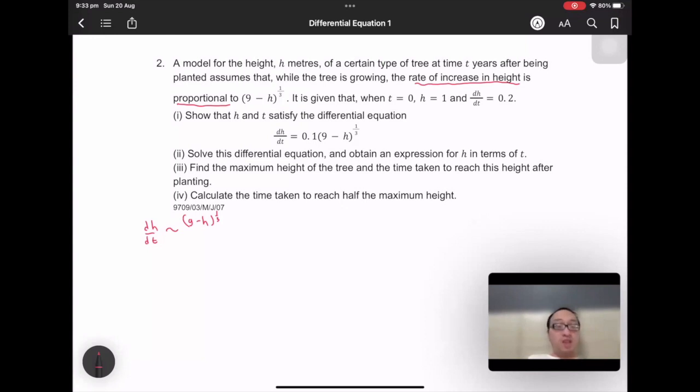To change the proportionality sign into an equal sign, we have to multiply the expression by a constant, k. By multiplying it with a constant, we have changed the proportionality into an equality.